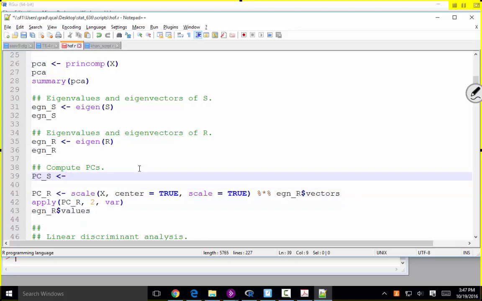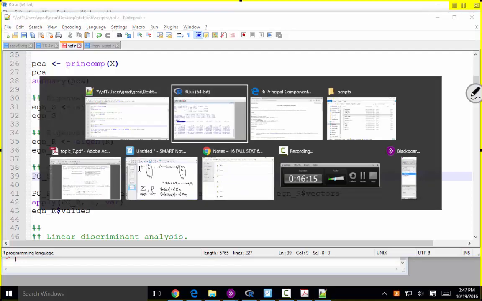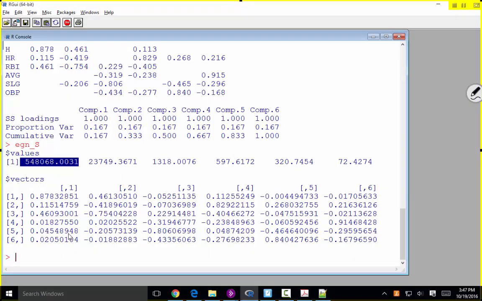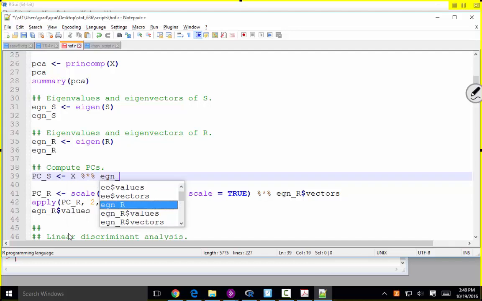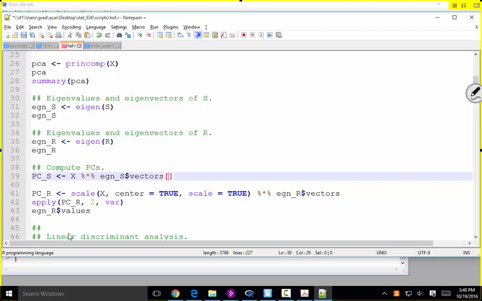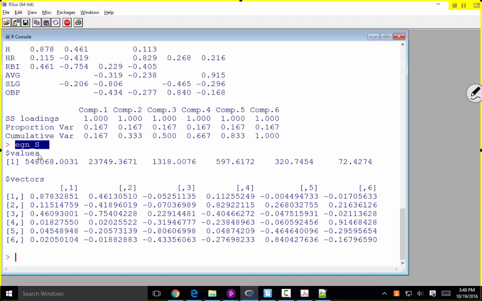If I want to do that linear combination that is described by these coefficients, I can take my n by 6 matrix of numbers and matrix multiply it by that 6 by 1 vector of coefficients, like this. Let's do x matrix multiplied by the first eigenvector. Eigen S has two elements. There's an element named values, and there's an element named vectors.